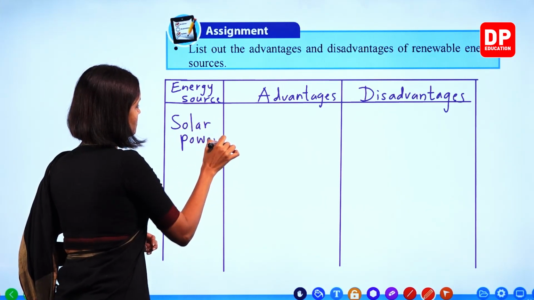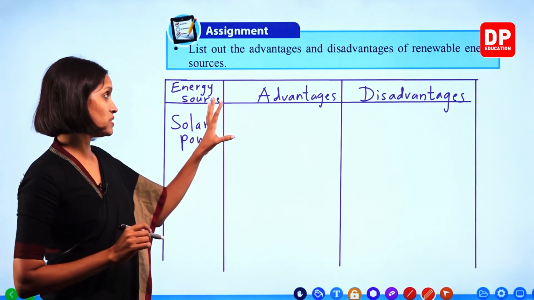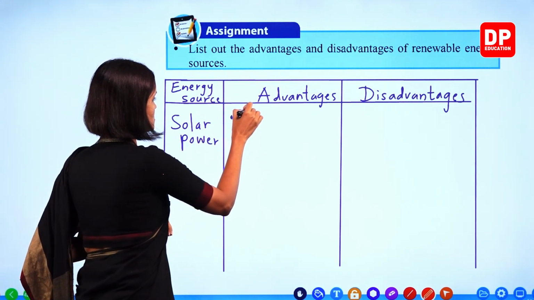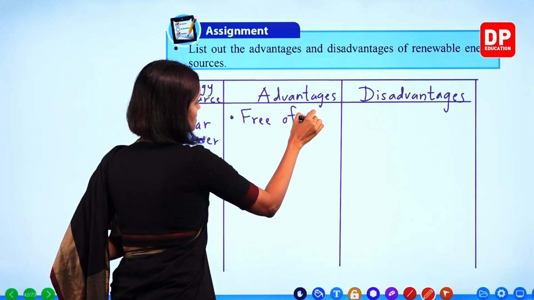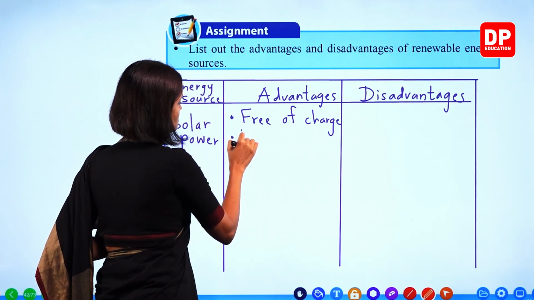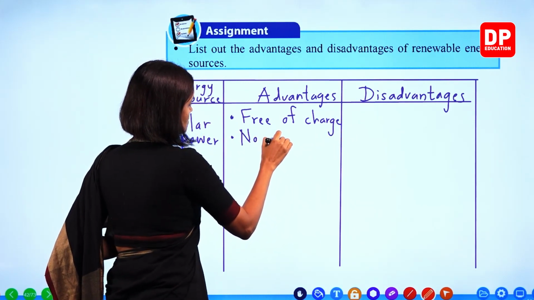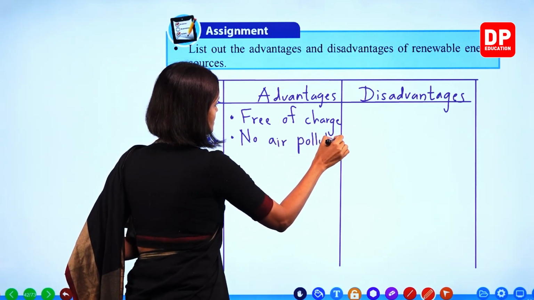Solar power. Right? What are the advantages that we discussed? We can write, in short form, free of charge. What else, children? No air pollution. What else?